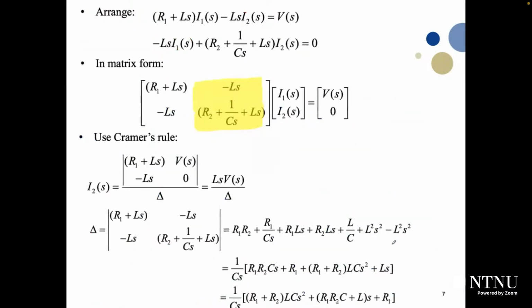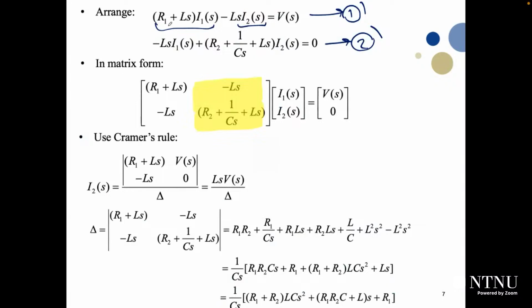So using these two equations, we will arrange them to make them more beautiful. So we will put I1 of S on one side minus LS multiplied by I2 of S equal V of S on the other side. And we will arrange also, so this is equation 1 dash, for example. This is equation 2 dash. We will arrange also equation number 2. And after that, we will put it in matrix form.